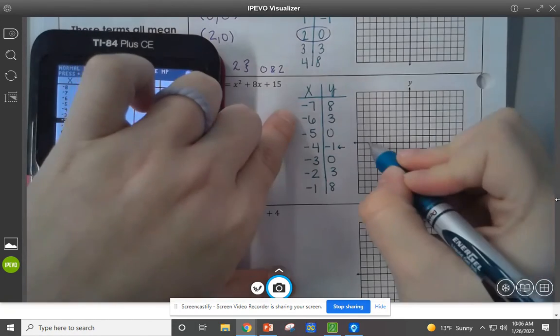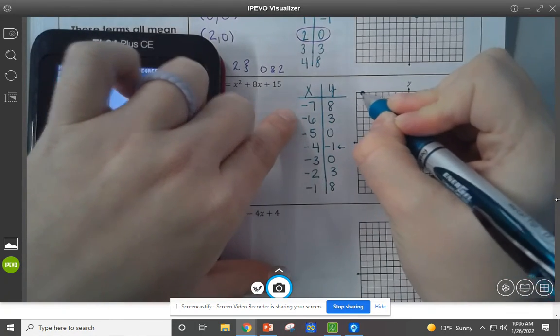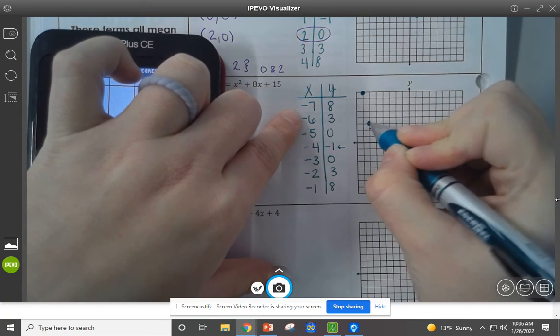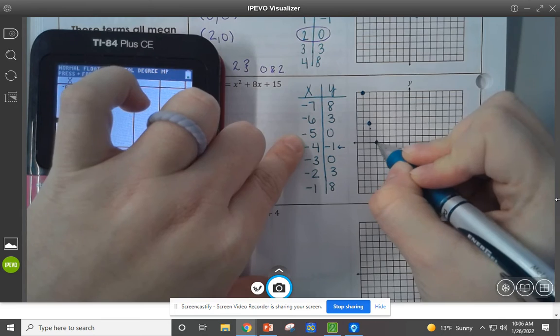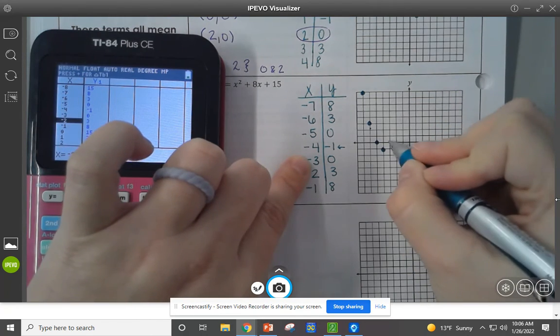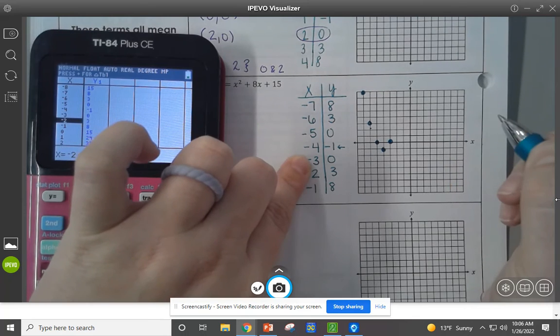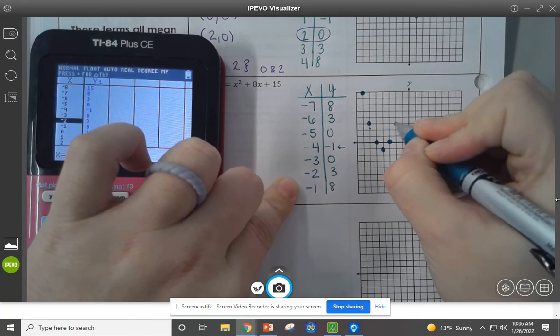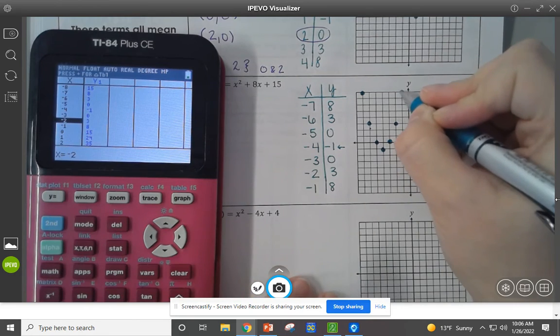So I plot -7, 8, -6, 3, -5, 0, -4, -1, -3, 0, -2, 3, and -1, 8.